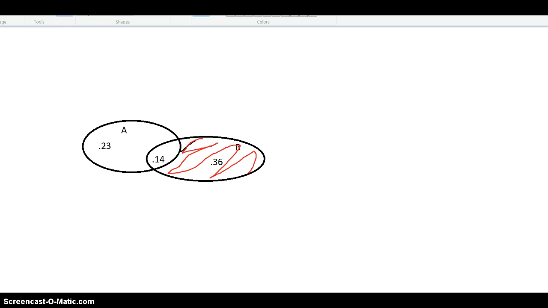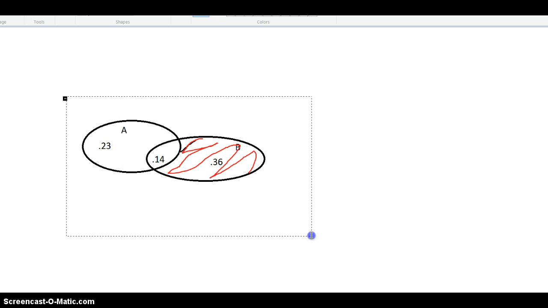Notice that we always have what we call a universal set, a universal event, which is the total. Let me draw this.